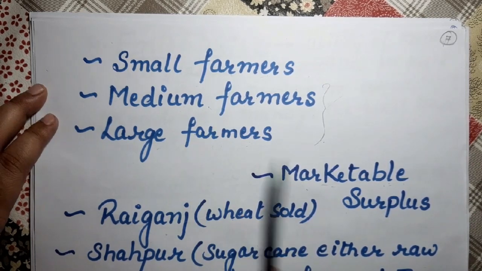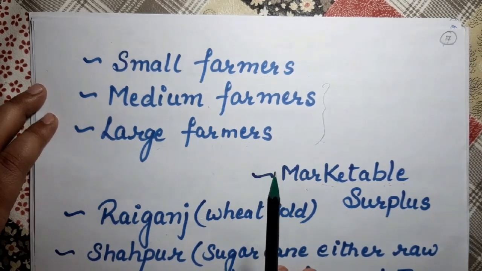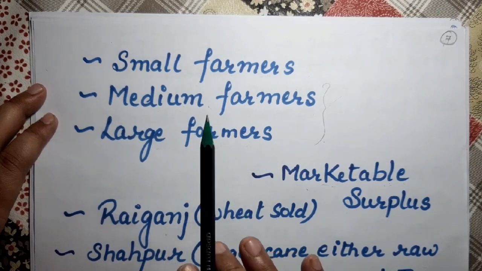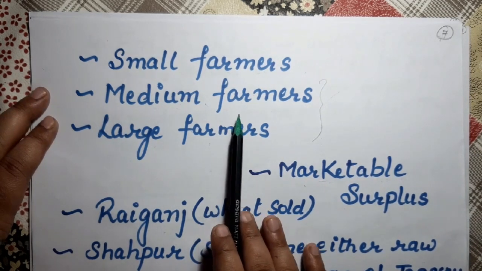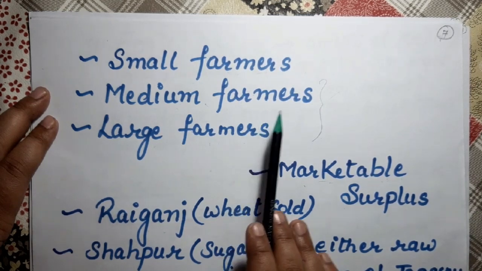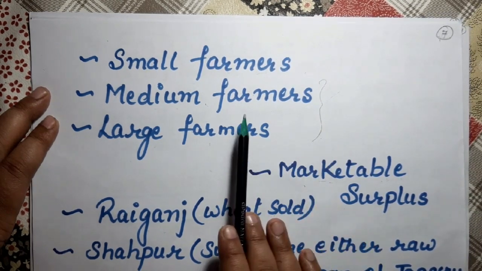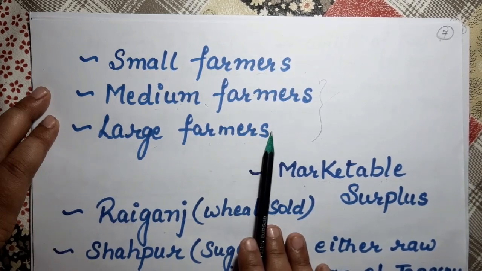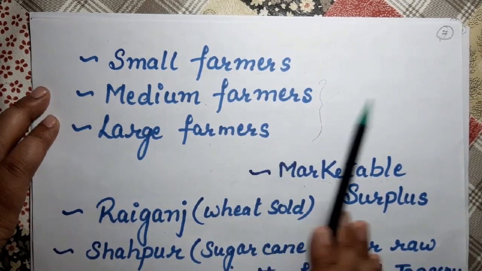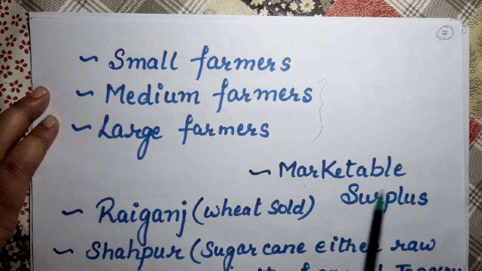The medium and large farmers are those farmers who are very rich. They live in very big houses, and they sell their surplus food grains in the market. It means that they keep stock for their own consumption, and also sell the surplus amount of food grains in the market. This is called marketable surplus.